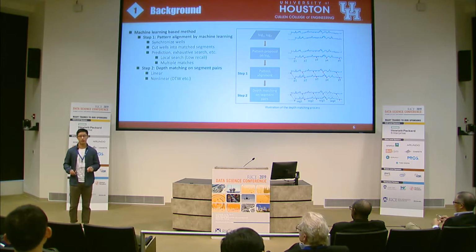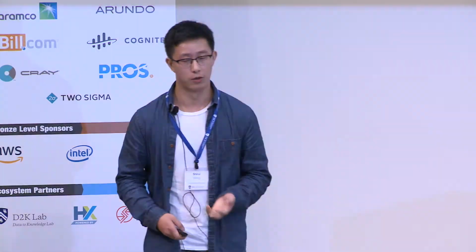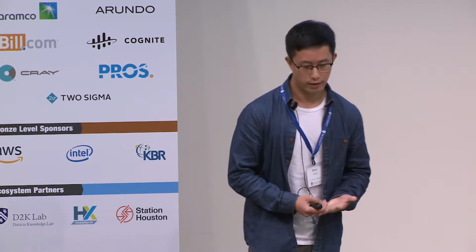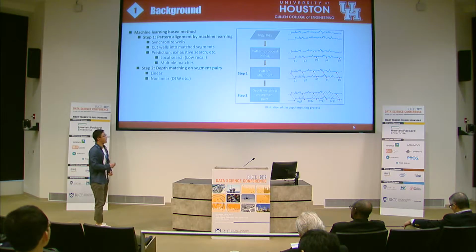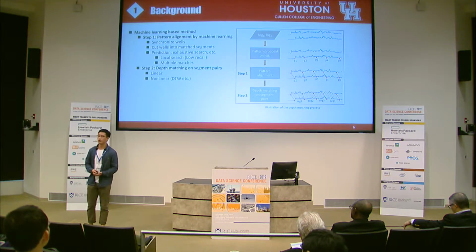They either use a sliding window to do exhaustive search on the logs, or they just simply predict the position of the wanted pattern on the logs. However, there still exist some problems, for example, the multiple matches and the low recall problems. In our work, we proposed a dynamic matching process to do this first step by using a deep convolutional neural network.